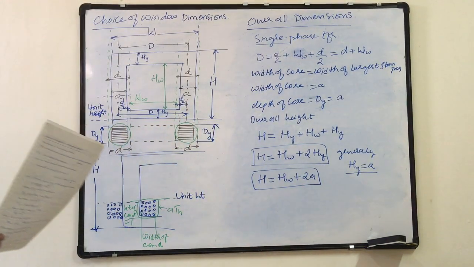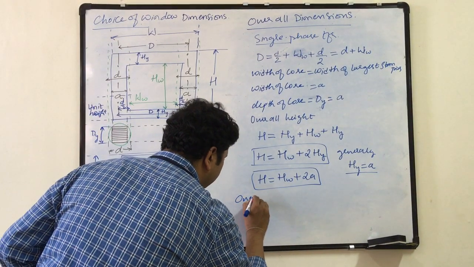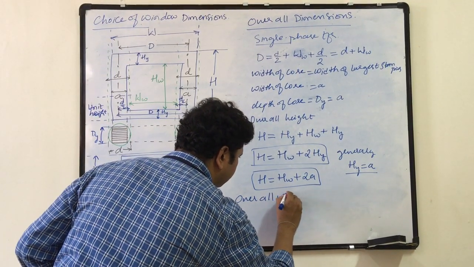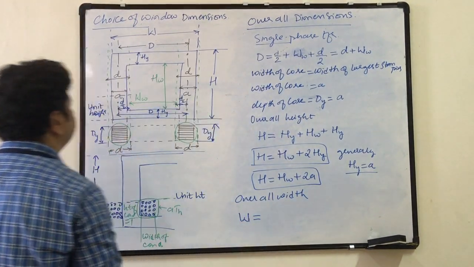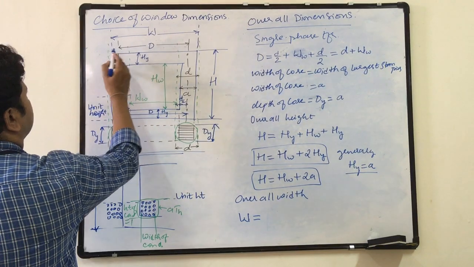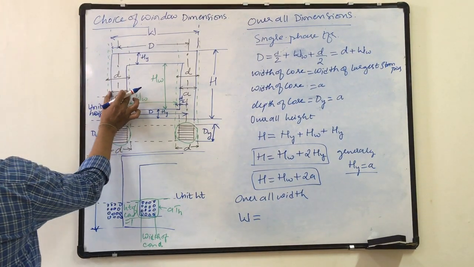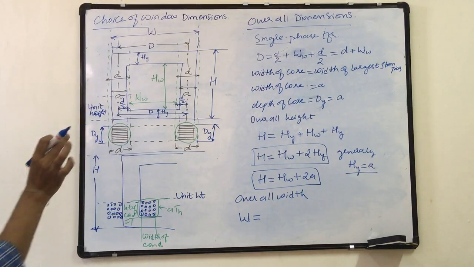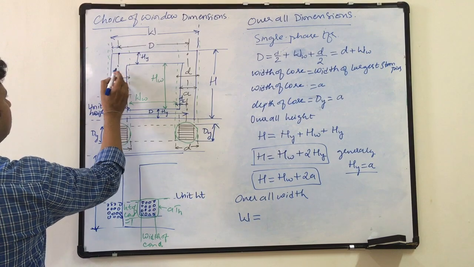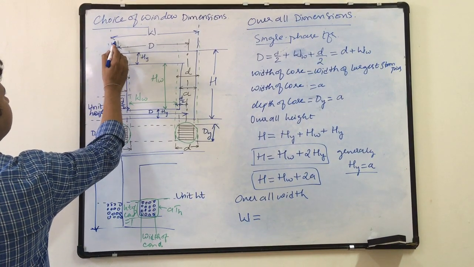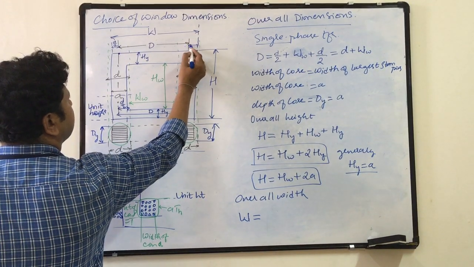Okay. Then overall width W. This is the overall width. This is A, the width of core. The distance between core centers: this is the center of the core, so this is A by 2, then d, and this is A by 2.